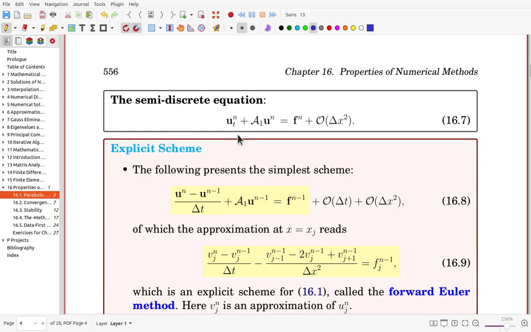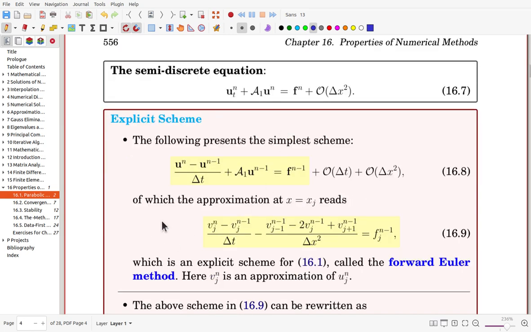This is the semi-discrete equation. First we consider the explicit scheme, and you can understand why we call it explicit very soon. But anyway, this is called the forward Euler method.